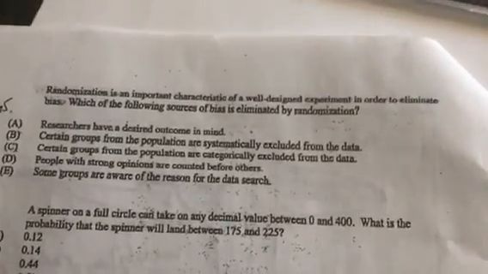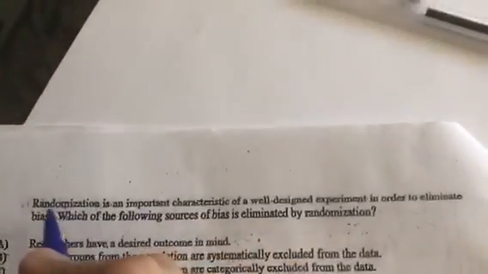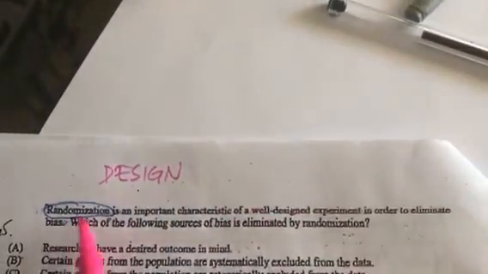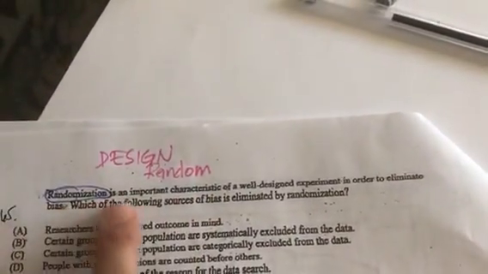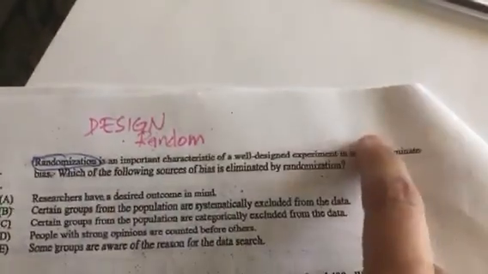So let's do it. 165 talks about randomization. So that's part of a design question, and we must build randomizing into our design. This comes up all the time. We need to randomize. Was it random? Was the sample random?